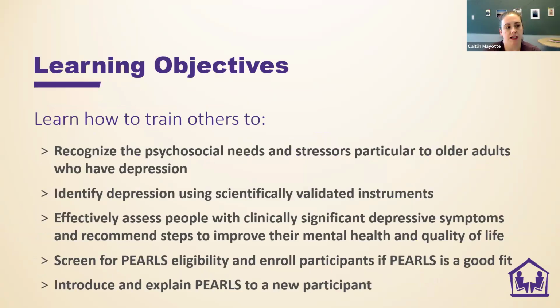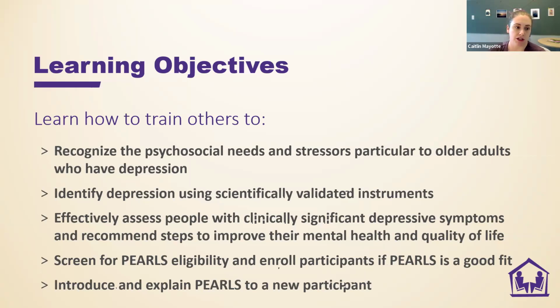So the learning objectives today, obviously, you all know this information, but we're going to be going through how to train others to recognize the things going on in older adults' lives that may indicate that they are having depression. Like they may have specific psychosocial needs or stressors that are either causing or magnifying their depression symptoms.